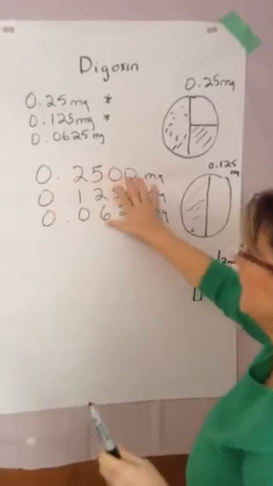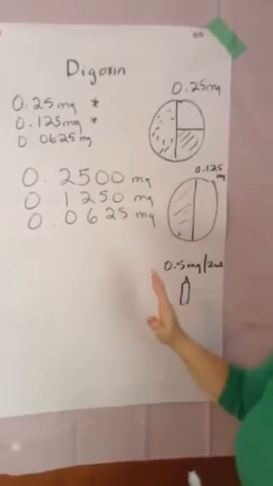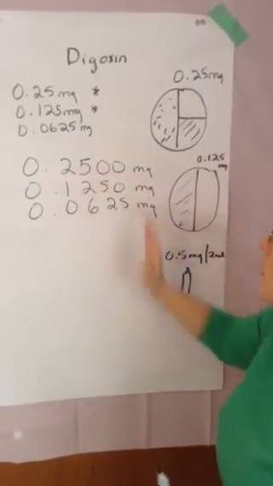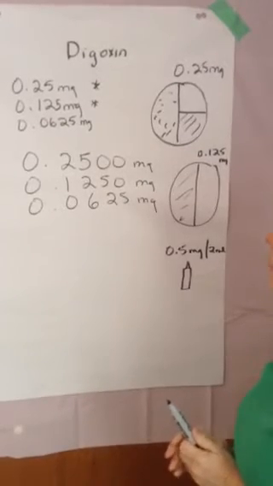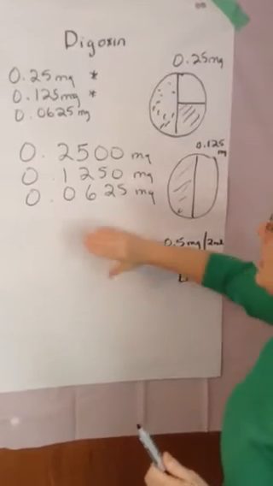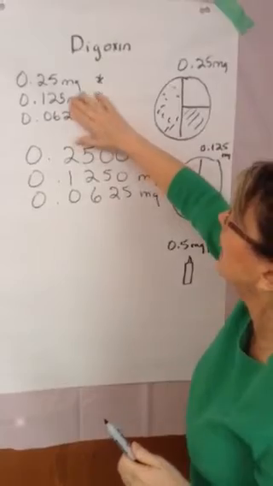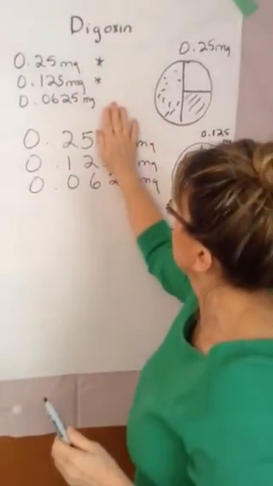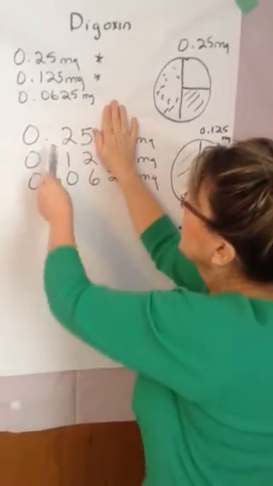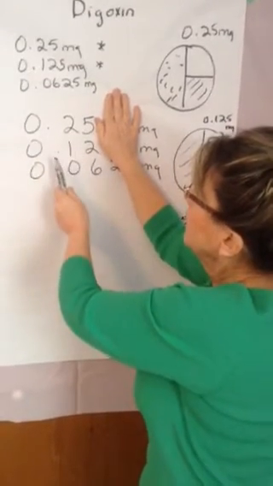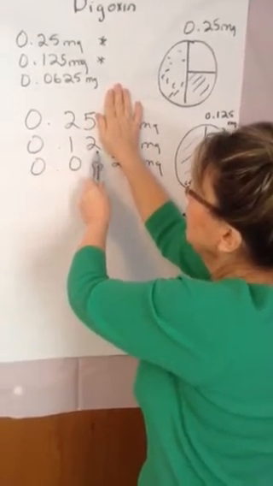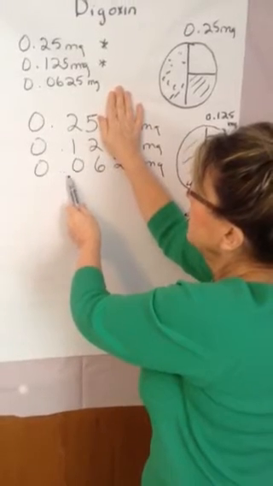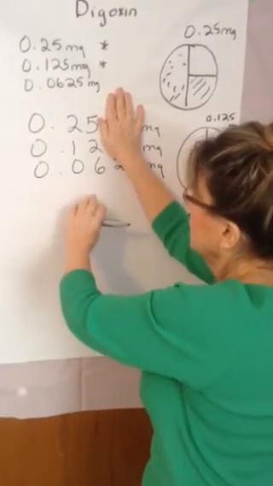Now, I've written this out, and this is something I always tell students, never have a trailing zero. But I wanted to show you so you could clearly understand that this is half of this and this is half of that. Okay, so I'm going to cover up. 0.25 is bigger than 0.12, which is bigger than 0.06.